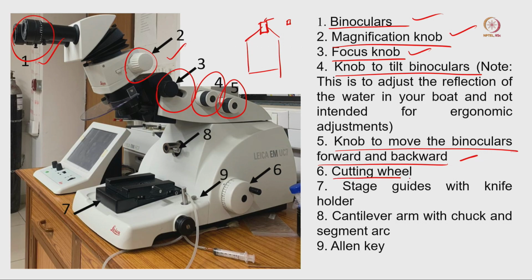And this is the most important knob, that is the cutting wheel. You will rotate this cutting wheel constantly in one particular direction, and the sample will go up and down like that.